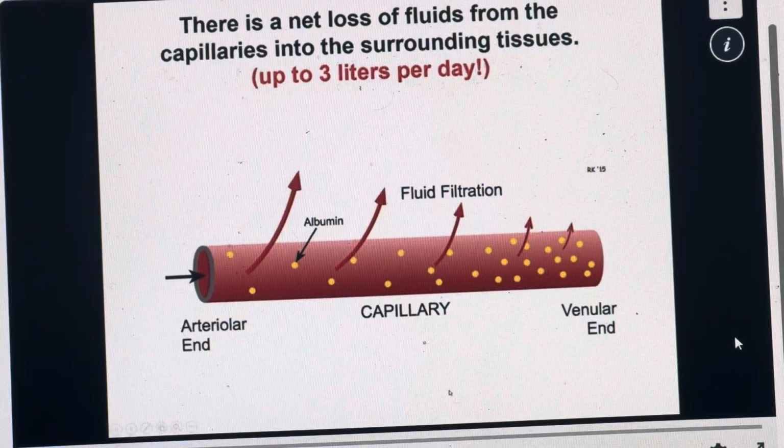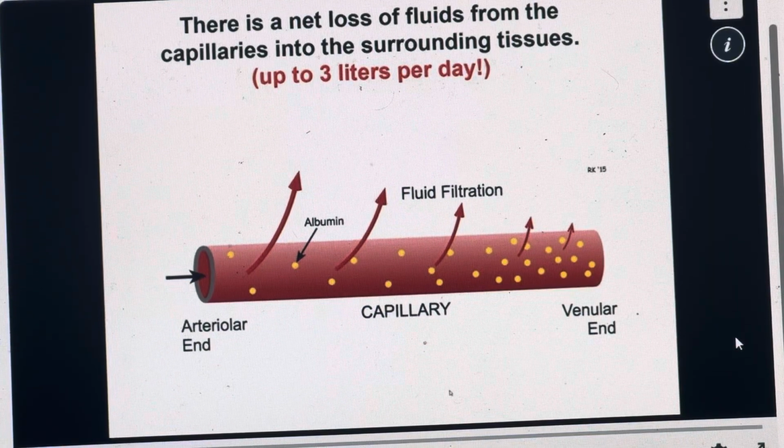Now, we mentioned when we talked about the circulatory system that the capillaries are those very, very small, fine blood vessels that run through the tissues, and that the capillaries are the site of exchange between the blood and the tissue fluids. So capillaries tend to be a little bit leaky.